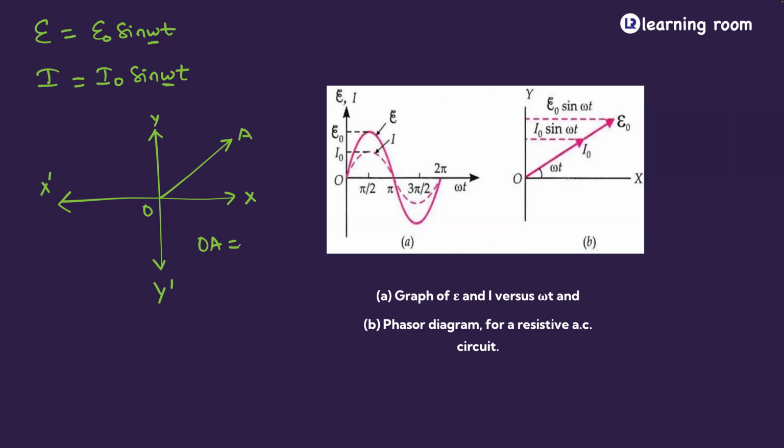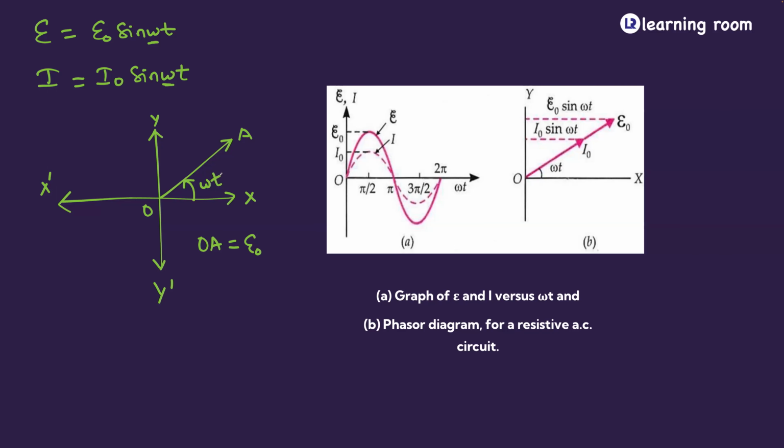I've already told you, the magnitude of the vector is E naught. And where should I stop it? After it rotated through an angle of omega t. Whenever you have a positive angle, we know that anti-clockwise rotations are positive. That is why we are rotating it in the anti-clockwise direction. I'll stop it at omega t.